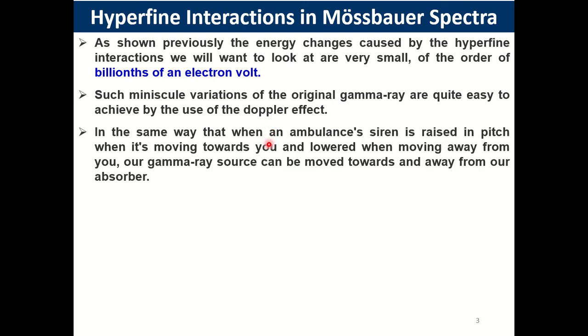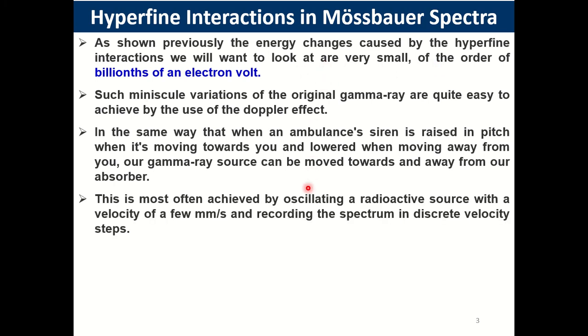Just like an ambulance approaching you, there is a slight increase in the frequency due to the Doppler effect. Similarly here, the source is moving in the forward and backward direction in relation to the absorbing species, and so the gamma ray energy will also be altered slightly due to this Doppler effect, and that will be sufficient to match the changes in energy obtained due to hyperfine interactions.